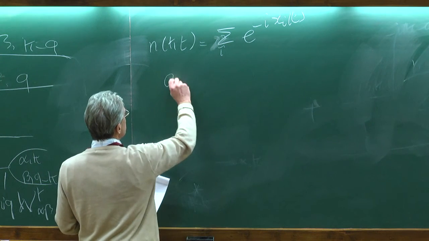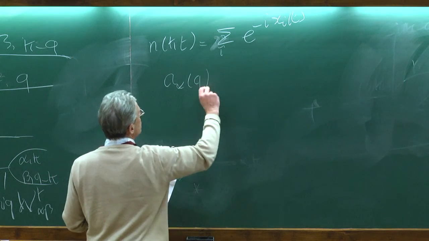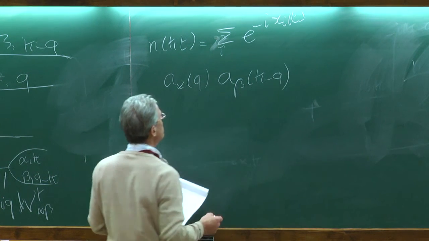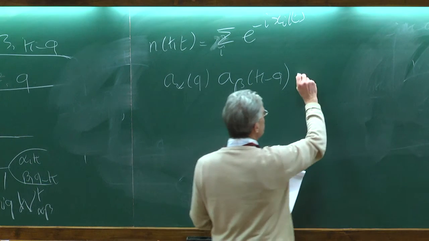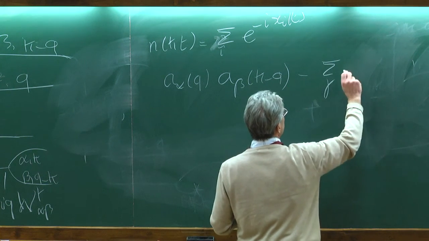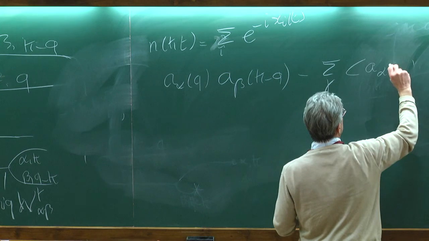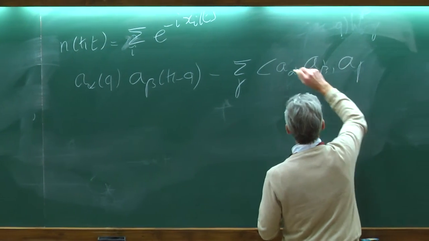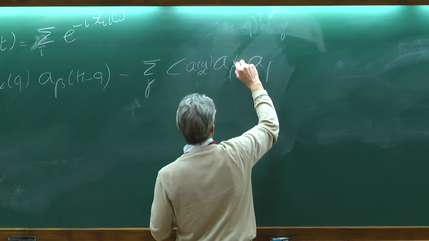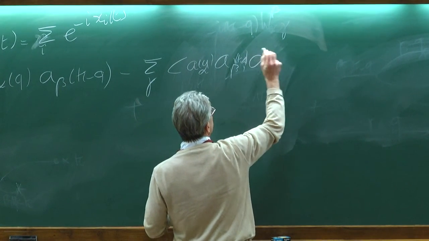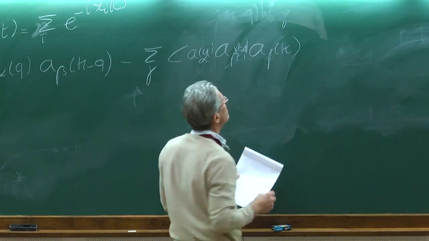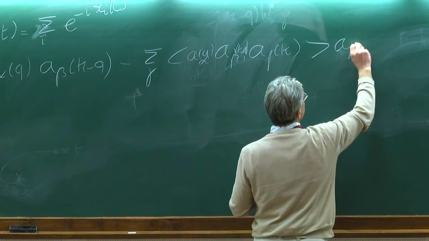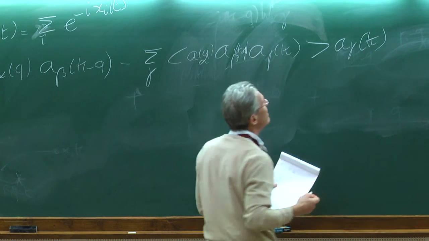So if I look at A alpha of Q, A beta of K minus Q, I would have to subtract the sum over gamma of the inner product of A alpha, A beta with A gamma, times A gamma of K, since the wave number of this gamma has to be K.